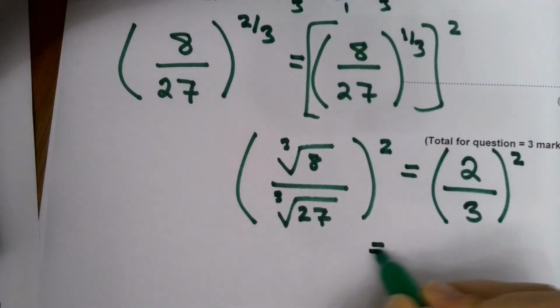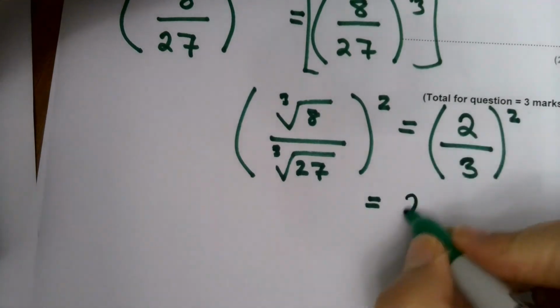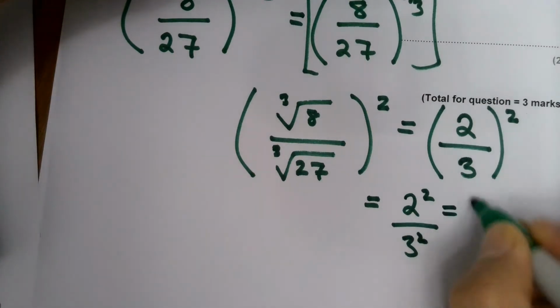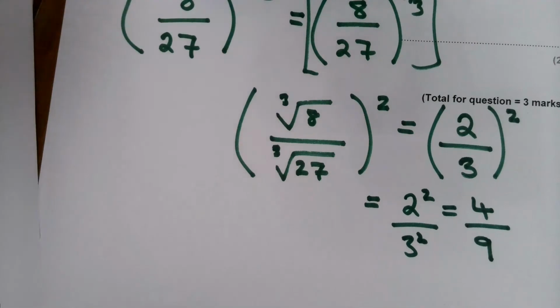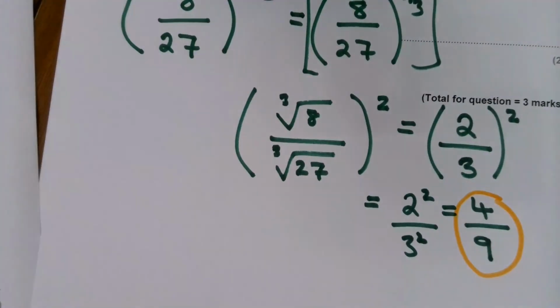Now I'm going to square the top and square the bottom. 2 squared is 4 and 3 squared is 9. Now this is my answer for the positive fractional power.